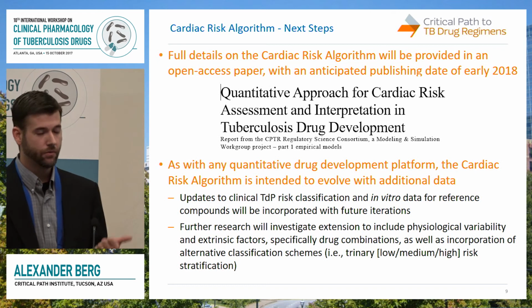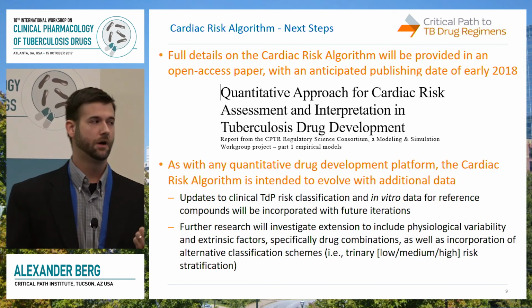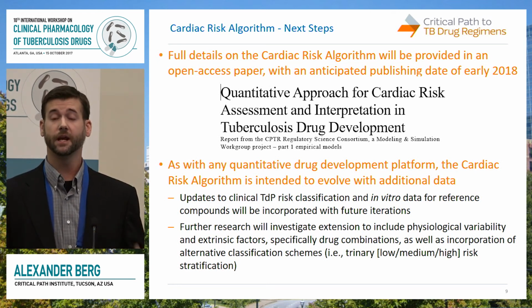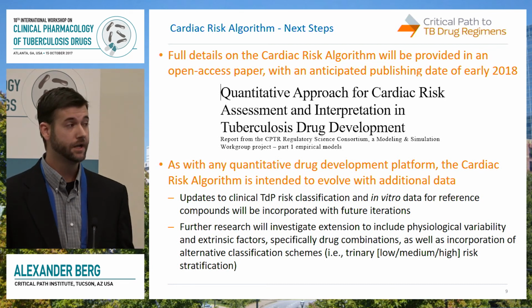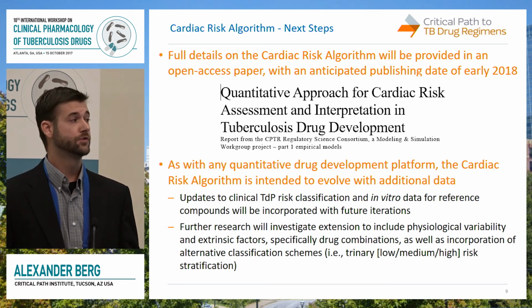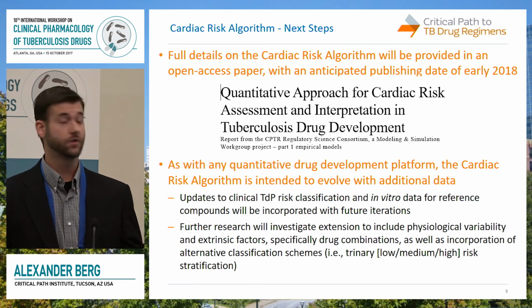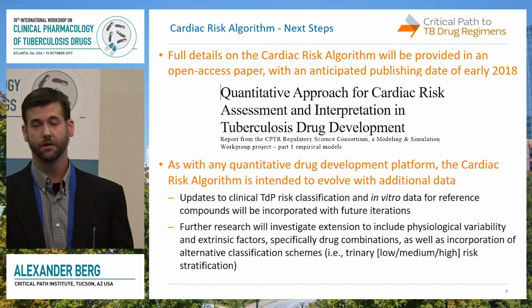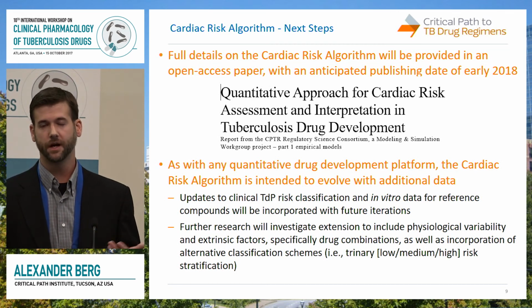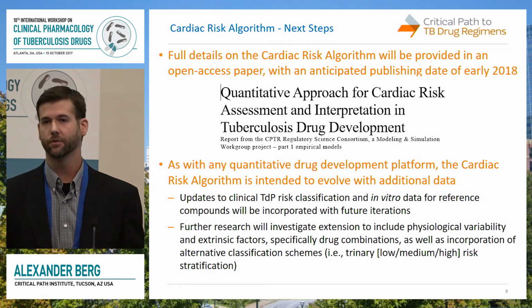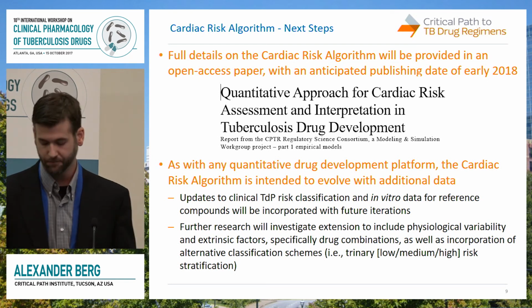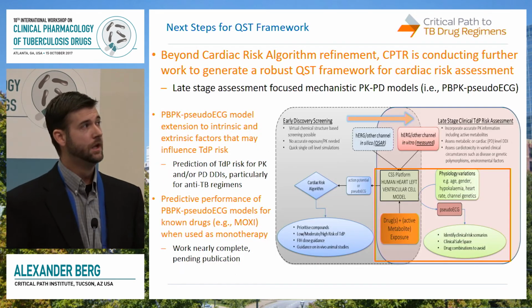And additionally, we're looking at incorporating other factors. For example, looking at such an algorithm in combination regimens, as well as potentially different classification schemes, such as a trinary classification rather than a binary. So rather than a plus or minus, perhaps a low, moderate, and high risk type of a classification scheme.